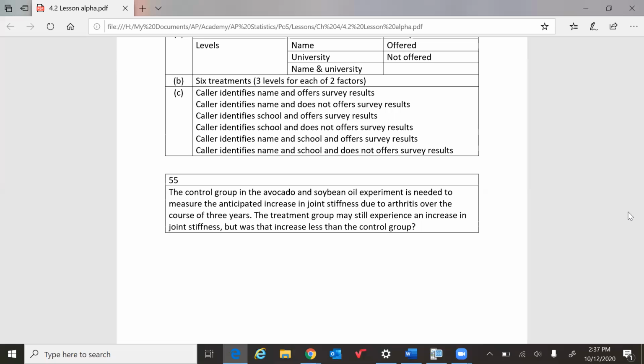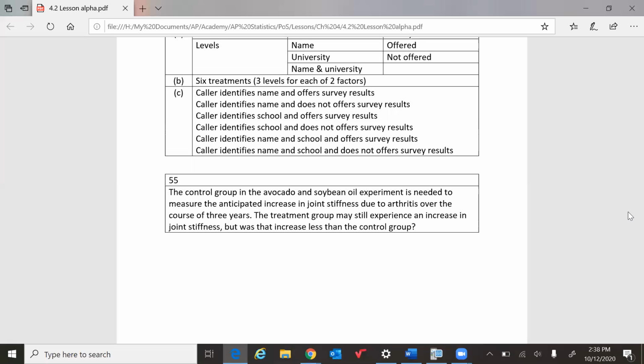So if you didn't have a control group, your treatment group's symptoms might get worse. But the treatment could still be effective because maybe it didn't get as bad as the control group's decline in their flexibility with their joints. Does that make sense? The treatment could still be effective and people could not feel as well as they did 3 years ago, but in the control group you might be able to measure them as feeling even more of a decline.